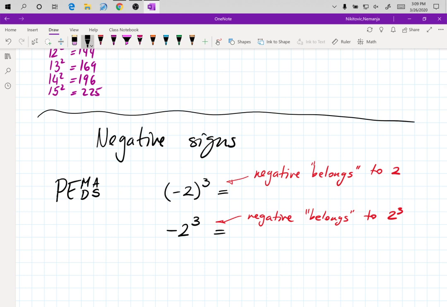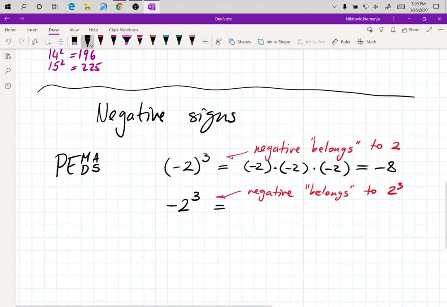The top, you are going to write negative 2 times negative 2 times negative 2, and that is going to work out to be 3 negative 2s, not 4, 3. That's going to be negative 8. The one below is going to be negative 2 times 2 times 2, and that's going to be negative 8 as well.